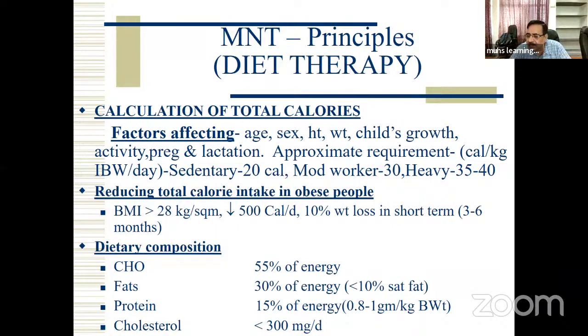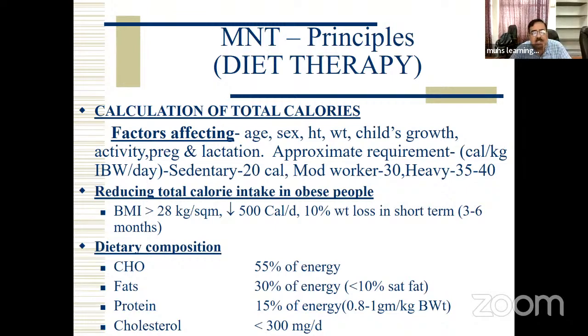Don't calculate at 35 to 40 kilocalories per kg body weight. Reducing the total calories can reduce obesity in the patients, and you can have 10% weight loss in around 3 to 6 months if you are sincere enough to enforce the medical nutrition therapy.